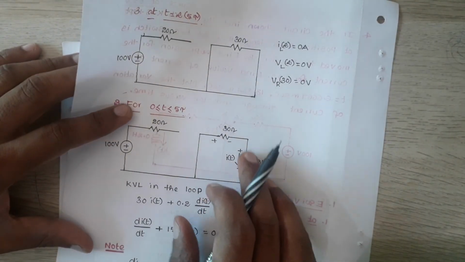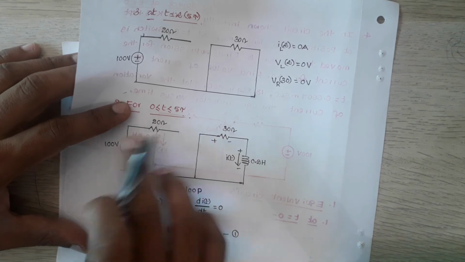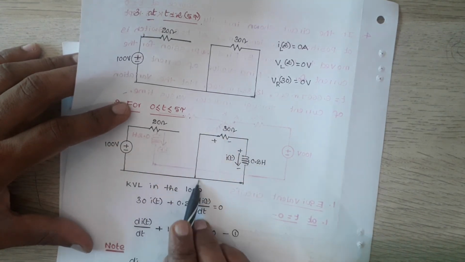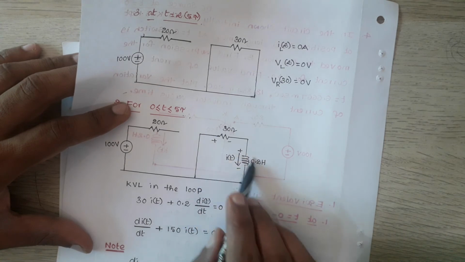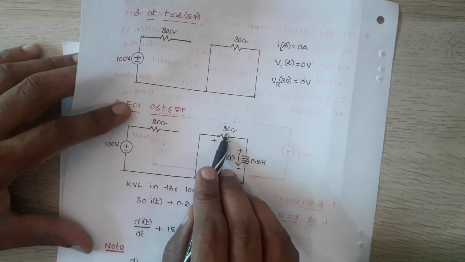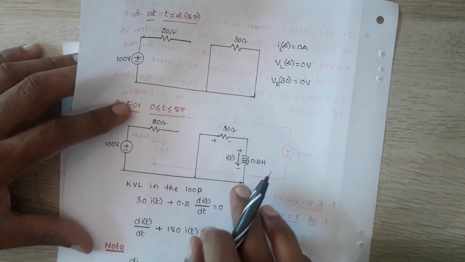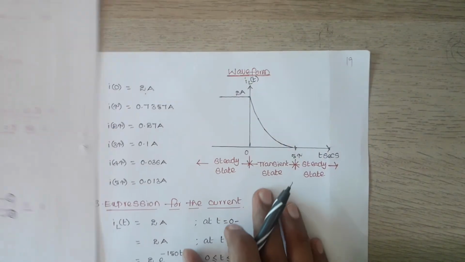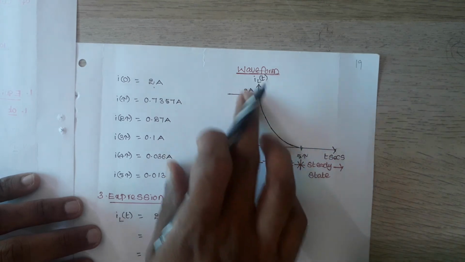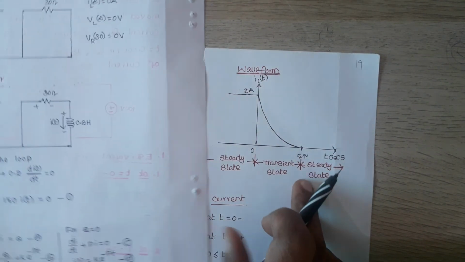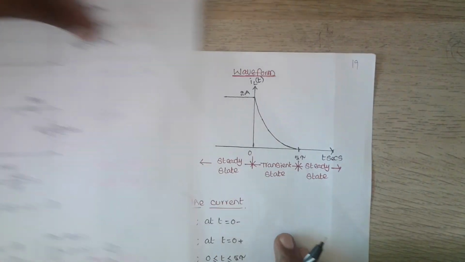It is disconnected from the source and connected to B. Now whatever energy is stored in the inductor is dissipated in the resistor in those 5 time constants. So finally current goes to 0. Exponentially, current decreases to 0 after 5 time constants.